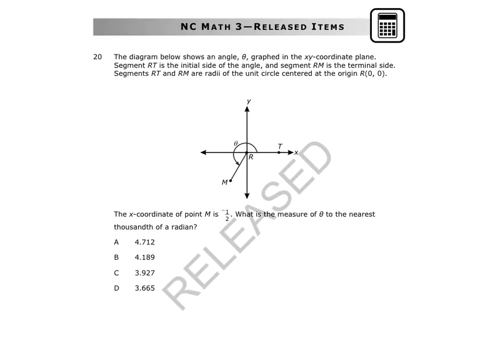All right, the diagram below shows an angle theta graphed at the xy coordinate 0, 0, where the x coordinate of m is negative 1/2. Key thing here, x coordinate, when we're talking about radians, right? I see radians, I see radii, I see unit circle, theta measured in radians. Remember that sine of theta is equal to your y value.